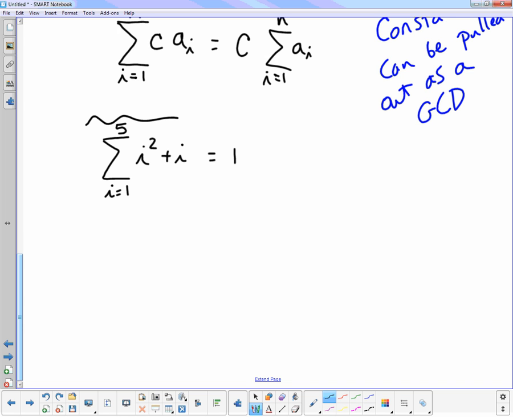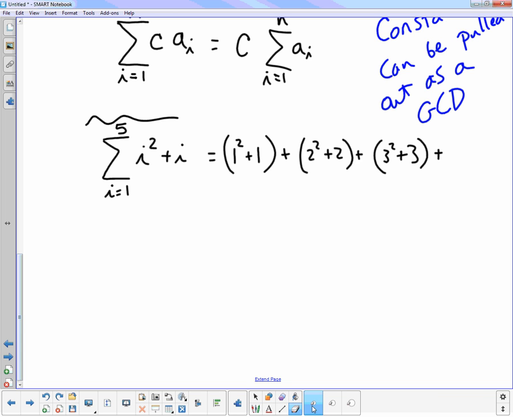This is 1 squared plus 1, plus 2 squared plus 2, 3 squared plus 3. I'm running out of space, so I'm only going to make it to 4. It's the beauty of being a math teacher. 4 squared plus 4. All right, and that's what we have. All right, wonderful. But I don't need the parentheses.